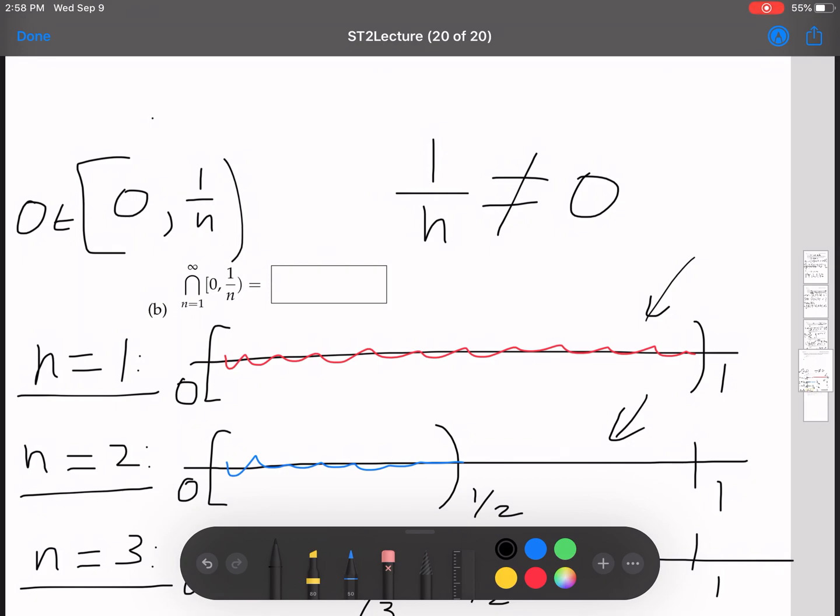Okay, so the intersection is going to be just the set containing 0. All right, and so first let me write the answer incorrectly. It's not true that the answer is 0. Right, this is a whole thing about type again.